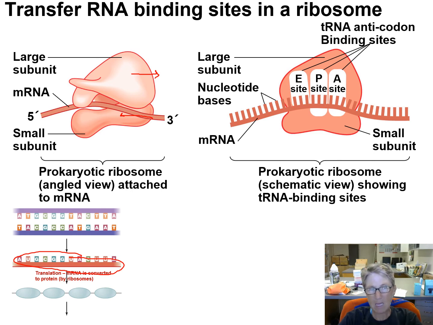Each one of those triplet codons on the messenger RNA is going to be read and associated with an amino acid. This is a little more detail of what the ribosome looks like. It's got these EPA sites. The A site is an arrival site, here's a processing site, and here's an exit site for the growing polypeptide.